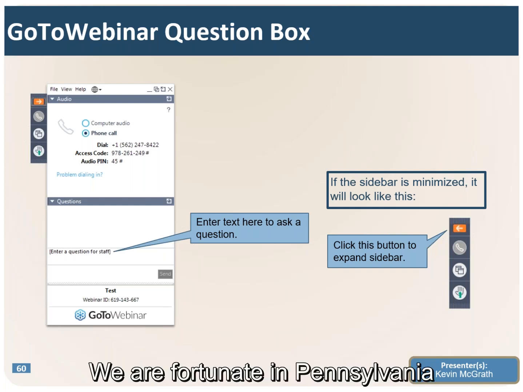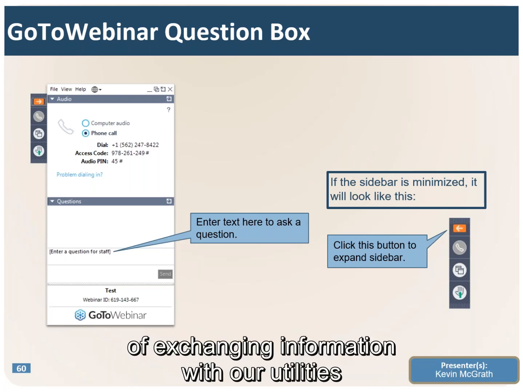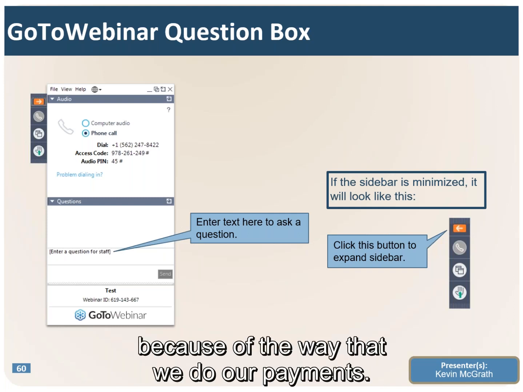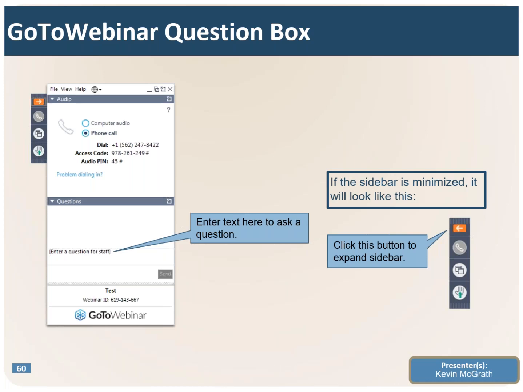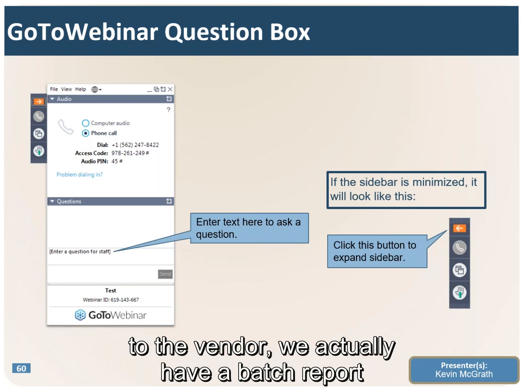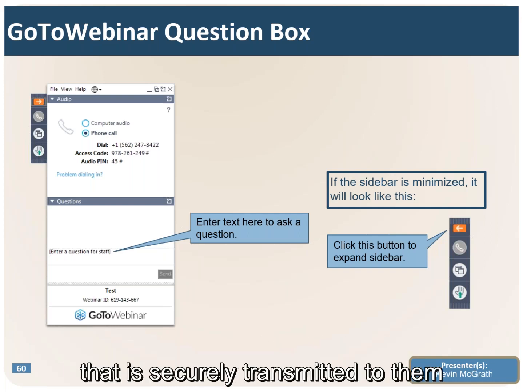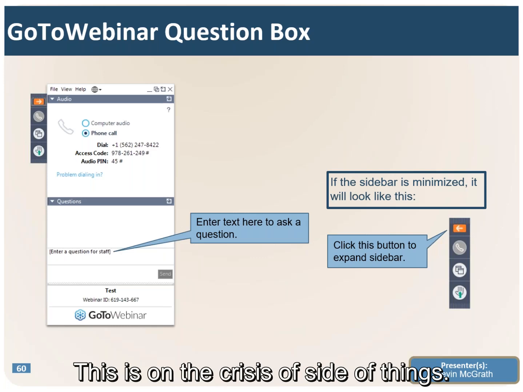We are fortunate in Pennsylvania to already have some secure methods of exchanging information with our utilities because of the way that we do our payments. When we approve a household for payment, before we actually transmit any sort of payment to the vendor, a batch report is securely transmitted to them to say this household has been approved, and this is on the crisis side of things.